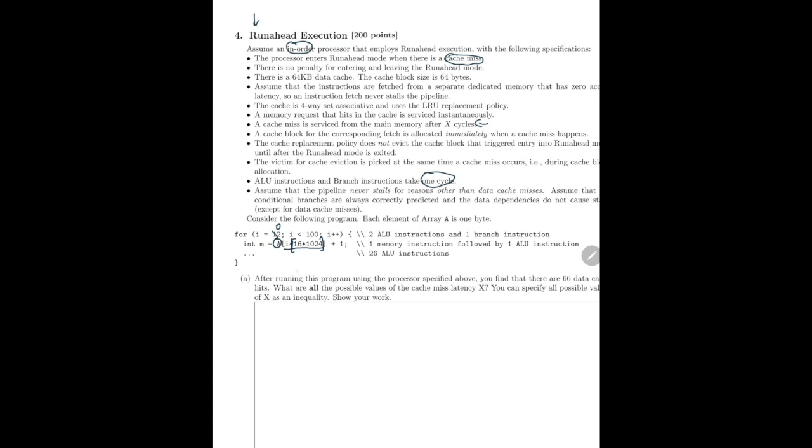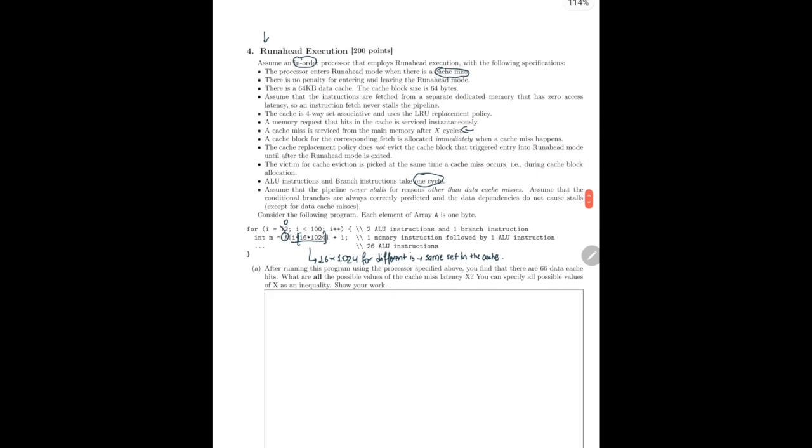If you multiply 16 by 1024 for different i's, you end up with memory locations where each cache block goes to the same set in the cache.